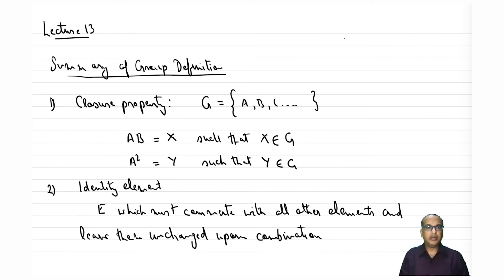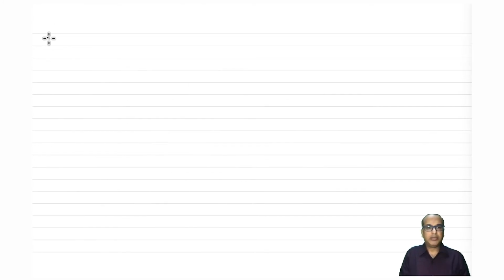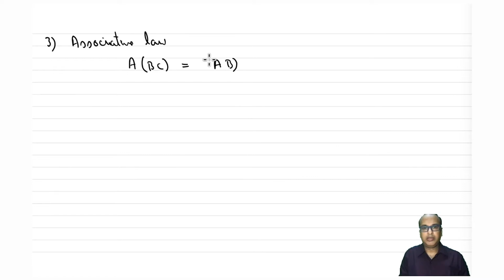Closure, identity. Third, group elements must follow the associative law of combination, which is (AB)C is equal to A(BC), right? So this is self-explanatory. We'll look at certain examples to explain all of this again. Then fourth is inverse.